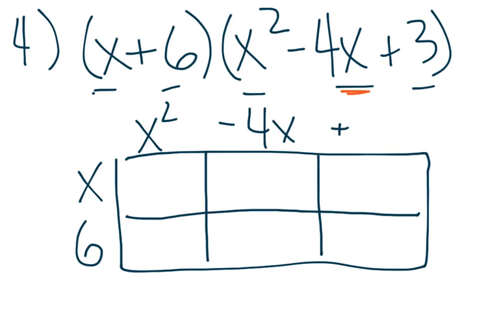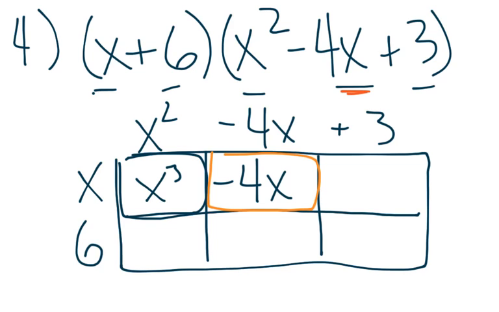In the first box, we're going to multiply x squared times x, which is x to the third. In the second box, we're going to multiply negative 4x times x, which is negative 4x squared. In the third box, we multiply 3 times x, so that's 3x.